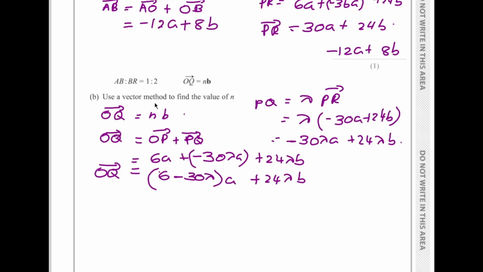This is the first one, and this is the second one. Both are OQ, therefore I can equate them together. Then I'm writing NB equals 6 minus 30 lambda times A plus 24 lambda B.